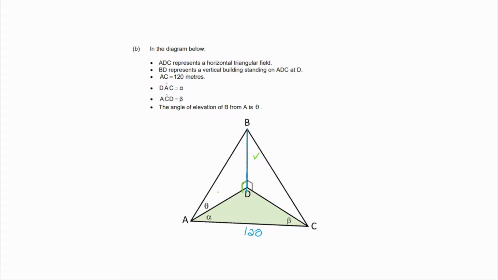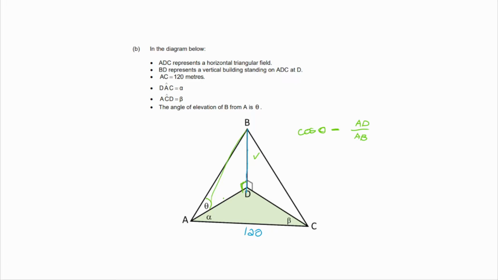So if we want to find BD, and we have this angle on a 90-degree triangle, what are we going to do? We can look at cos theta, which is adjacent AD over hypotenuse AB.